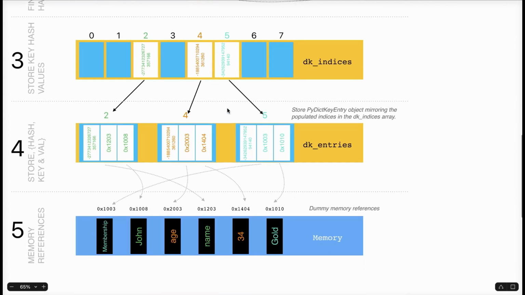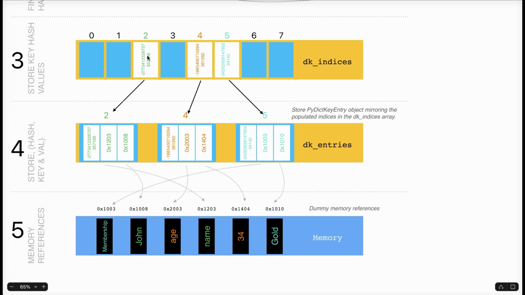Occupied indices are here: 2, 4, 5. Then we create an array that's capable of holding objects. This object holds the hash value, the memory reference for our key, and the memory reference for our value.